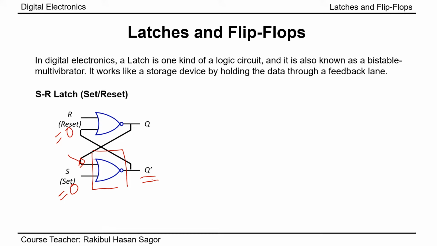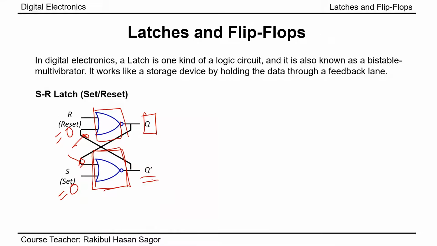For this NOR gate, I do not know the output unless I know the other input. And for this NOR gate as well, if I do not know the other input, I cannot predict the next output.